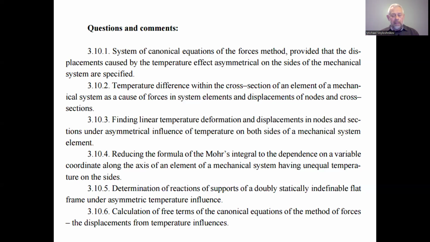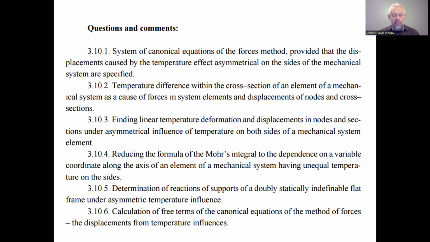And the area of the diagrams of the longitudinal forces and the action of unit forces on the mechanical system in the direction in which we have to find the forces due to canonical equations of the forces method.